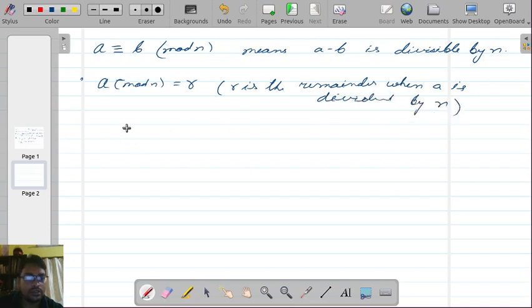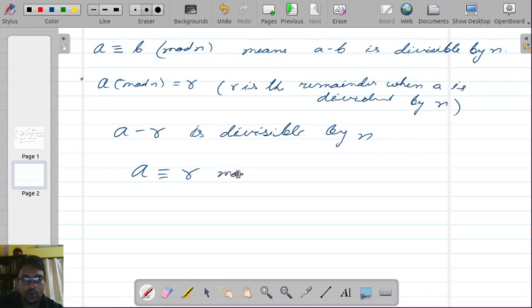Then a minus r is always divisible by n. So a is always congruent to r mod n, where r is the remainder when a is divided by n.